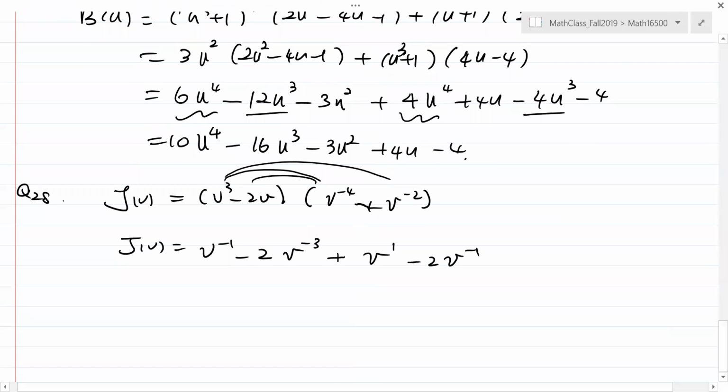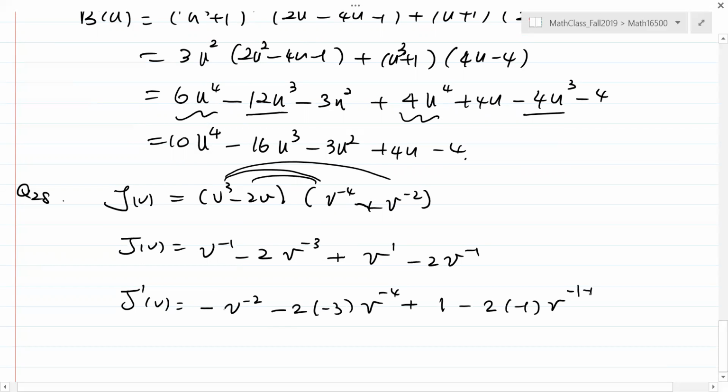Okay. So the derivative is going to be the derivative of each term here. You just write down the answer. Okay. Minus 2, negative 3, v to the negative 4, plus 1, minus 2, negative 1, v to the negative 1, minus 1. Yeah, it's minus 2.